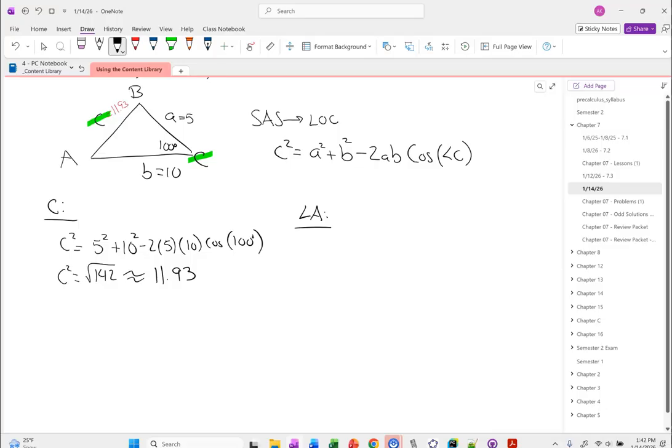Side angle side. After you found the first angle, you're going to have two angles left. So in both of those situations, you do the smaller of the two. And how did we know angle A was the smaller of the two? Because side A is smaller than side B.